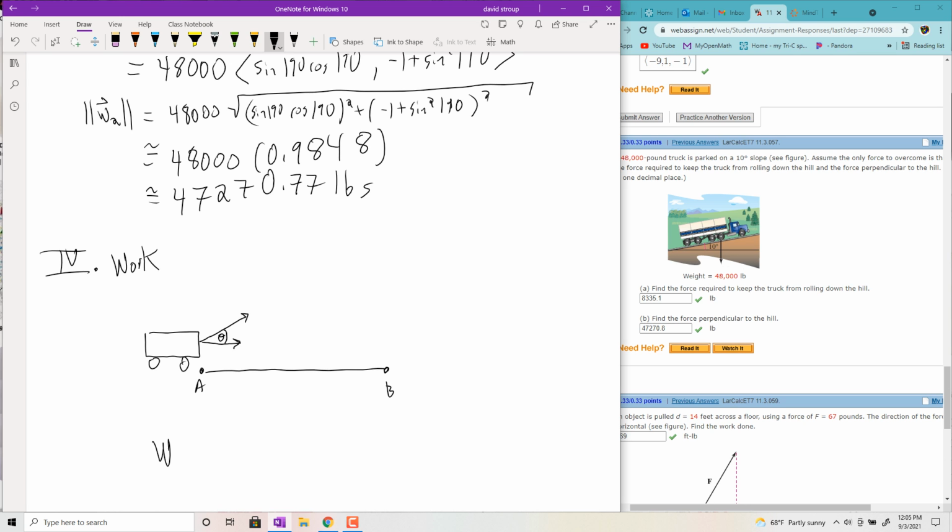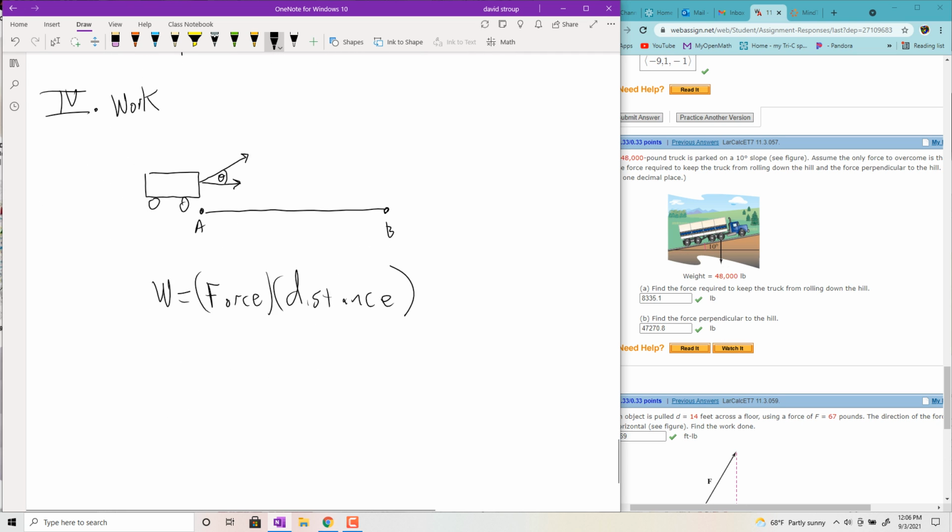So work in general will be force times distance. But like I said, it's the projection of the force when you're pulling at an angle. Let's call this the AB vector, and let's call this the force vector.